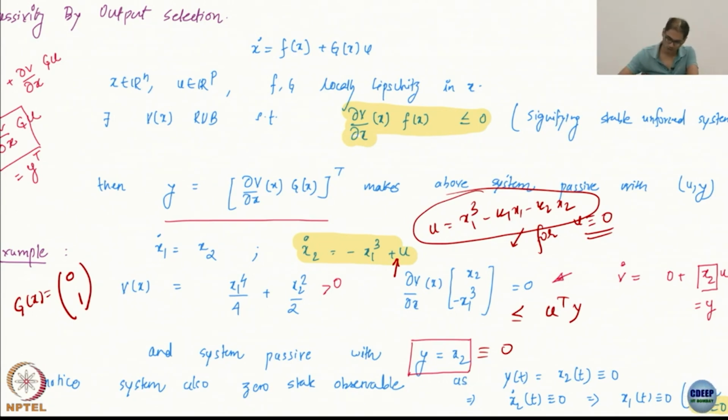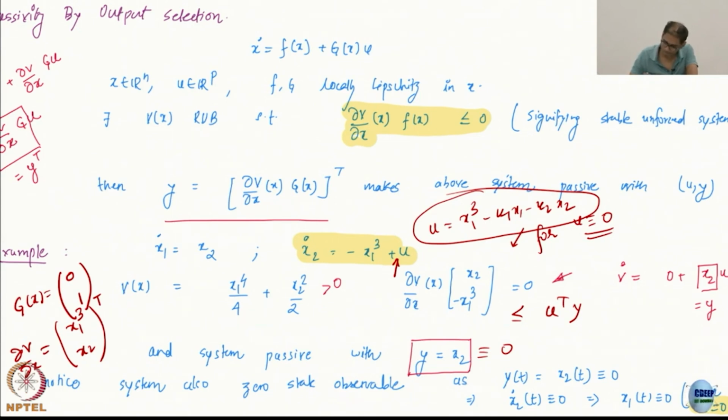Okay, what is partial of V with respect to x? Partial of V with respect to x is this. Typically I take gradients as row vectors.